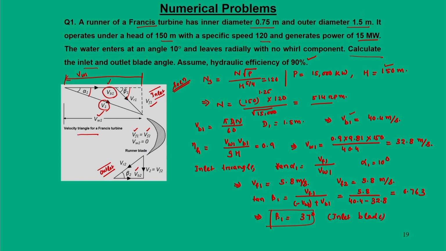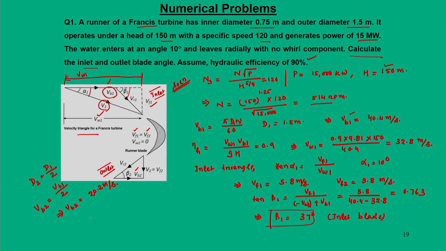Now, for outlet blade angles, we have to find Vb2, and it is exactly half of this. So, we can say Vb2 is Vb1 by 2, because D2 is equal to D1 by 2. So, Vb2 now becomes 20.2 meter per second.